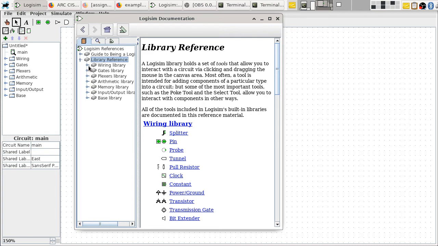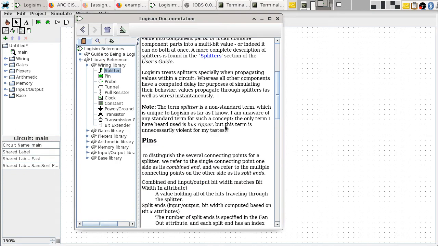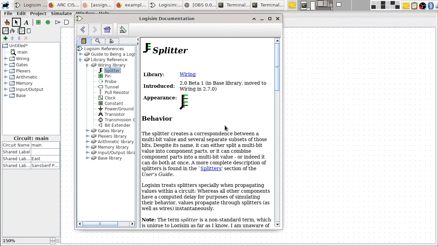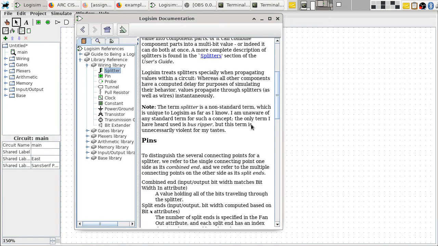So if you want to look up what a splitter is, for instance, you just look up here, and it gives you a pretty detailed explanation of what that thing is. I personally have not read it, because I already know what a splitter is. But if you want to look this up, you can read this document and get more information. Is that okay? Yeah. So it's a great resource.